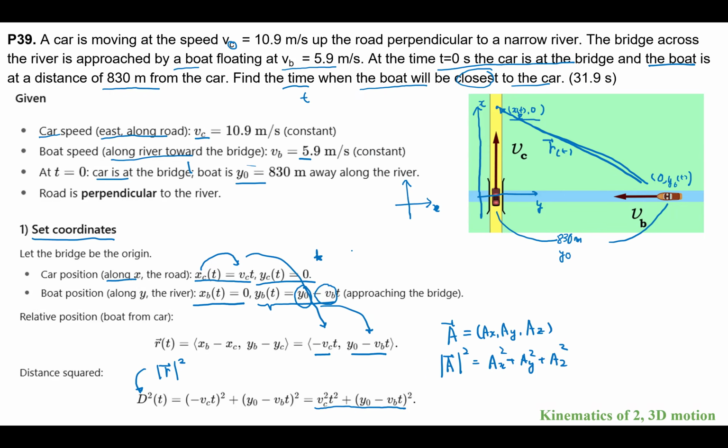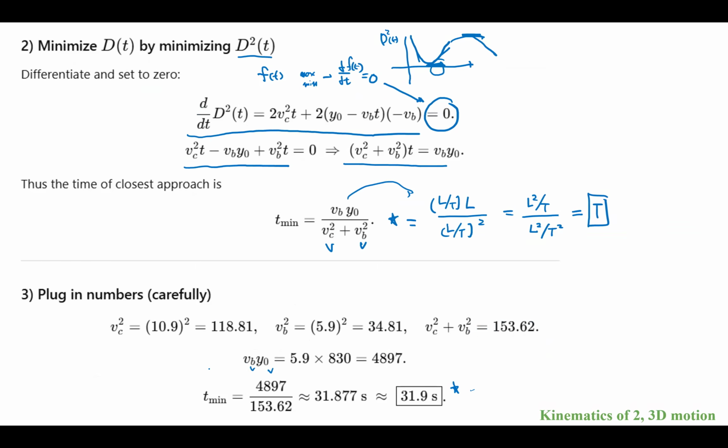And the next thing is that the distance has to be found, the distance between the two objects, the car and the boat. And then we are trying to find the minimum. That means take the time derivative and set it equal to 0, simply because it will give you a maximum or a minimum.